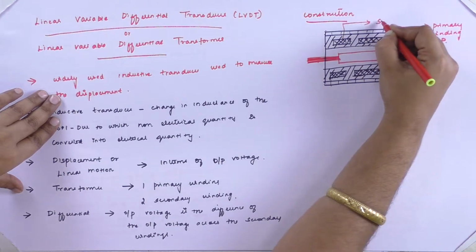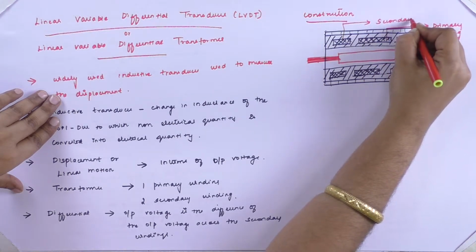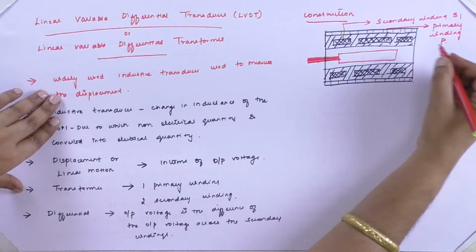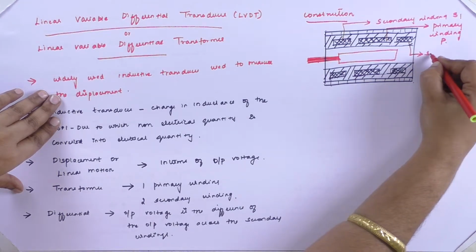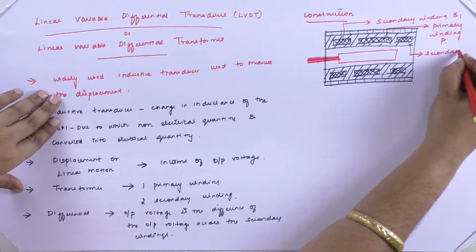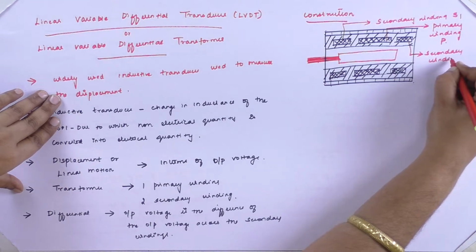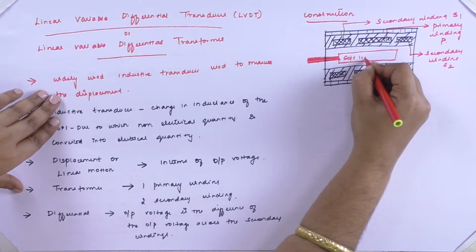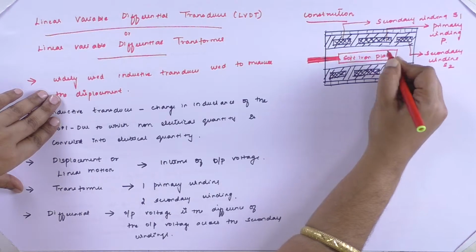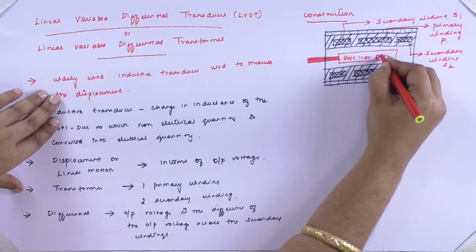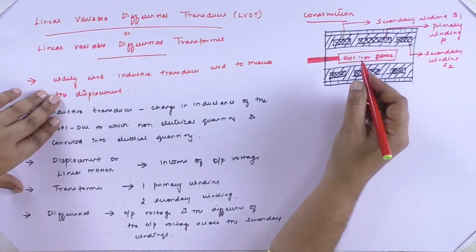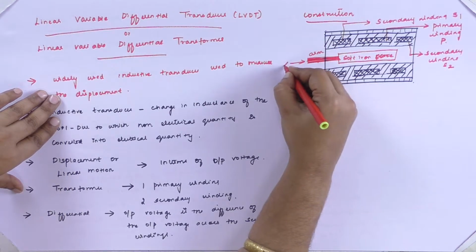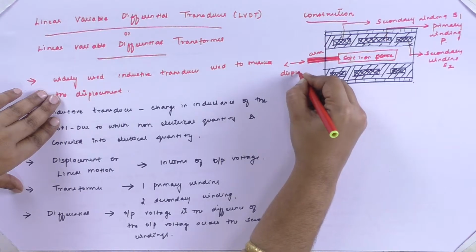This one is the secondary winding 1, represented as S1, and this one is the secondary winding 2, represented as S2. A soft iron core is placed in between the primary and the secondary, which is attached to an arm where the displacement to be measured is given.